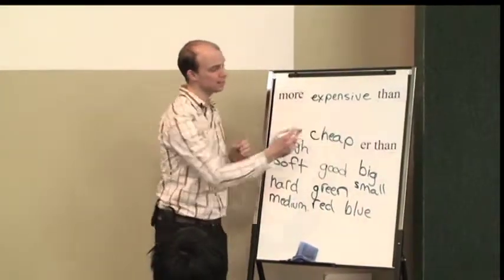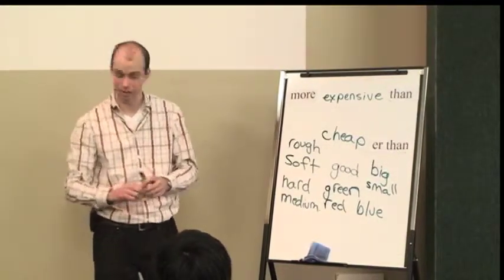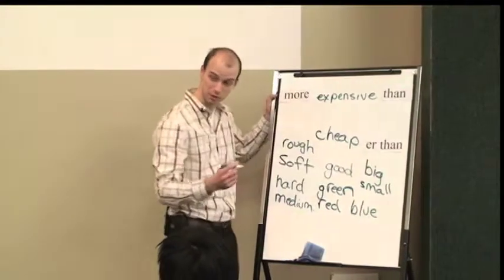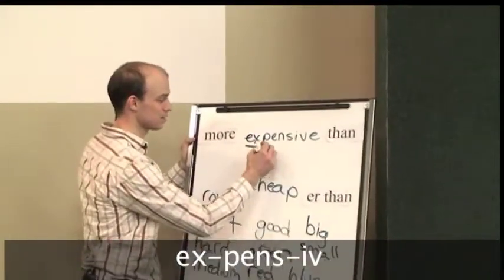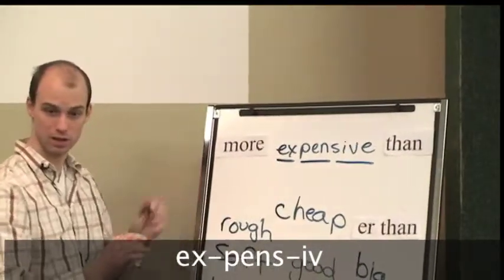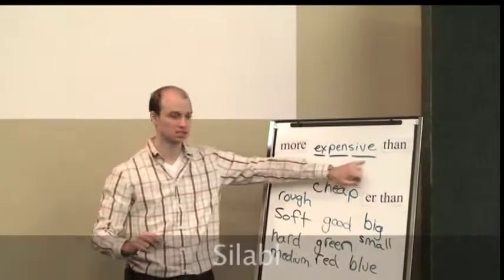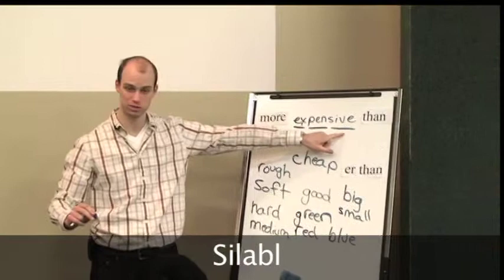Not the number of letters. How about the number of sounds? 3, that's right. What are the different sounds? Expensive. These are what we call syllables. 1 syllable, 2 syllables, 3 syllables.